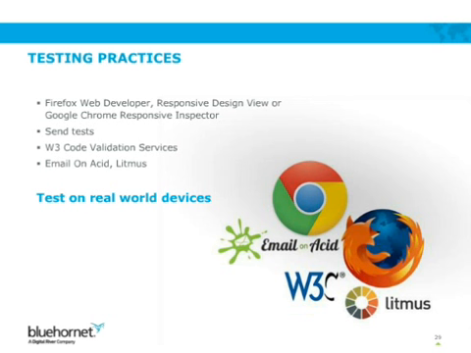And my process and the tools that I use here is I'm using the Firefox Web Developer tool. It's the responsive design view. It allows me to scale the window back and forth, going between desktop and mobile view. I can use the Google Chrome responsive inspector. It's very similar. Once I've coded certain points, and my example is that with the buttons that moved in the template, I might code font and line height rather ad hoc, and I might do those changes, just spec them, and move on to other changes.